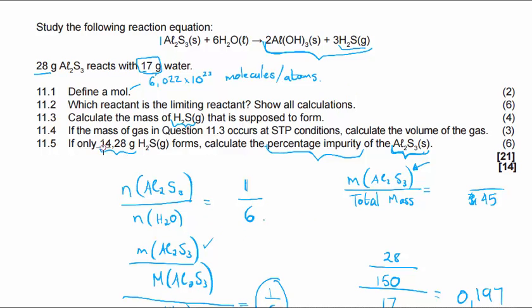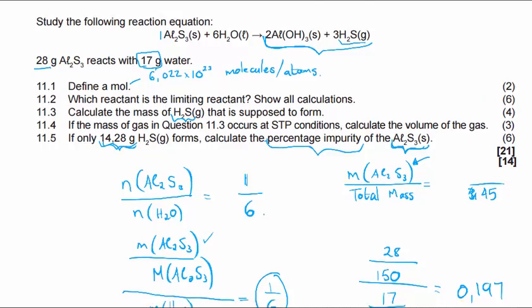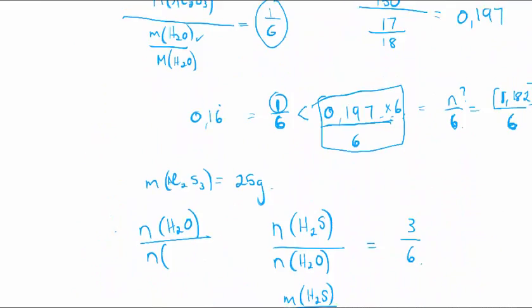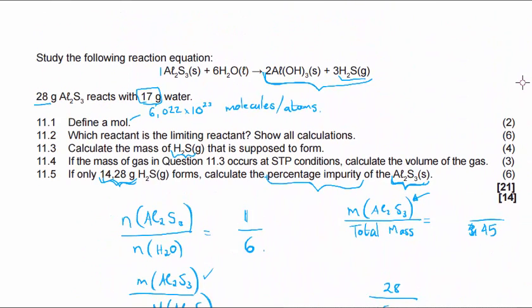And 14.28 grams was produced instead of what we calculated, 16.09. So not even all of the aluminium sulfide and water reacted. So there's still some impurities. So how will you go about working out how much aluminium sulfide is left? I'm just going to take what is expected, the 14.28, and subtract it from 28.